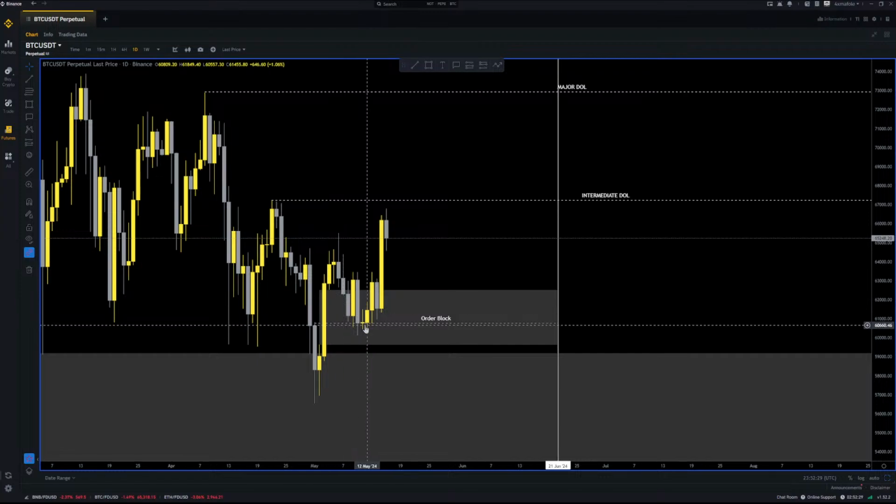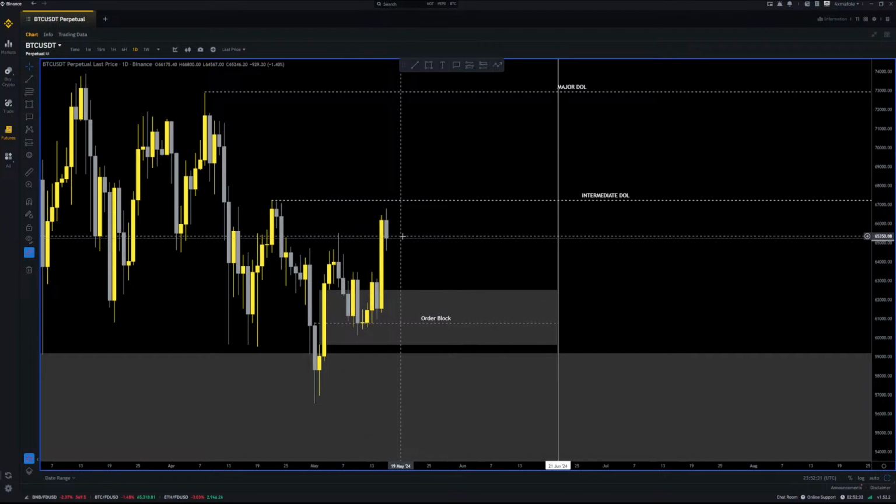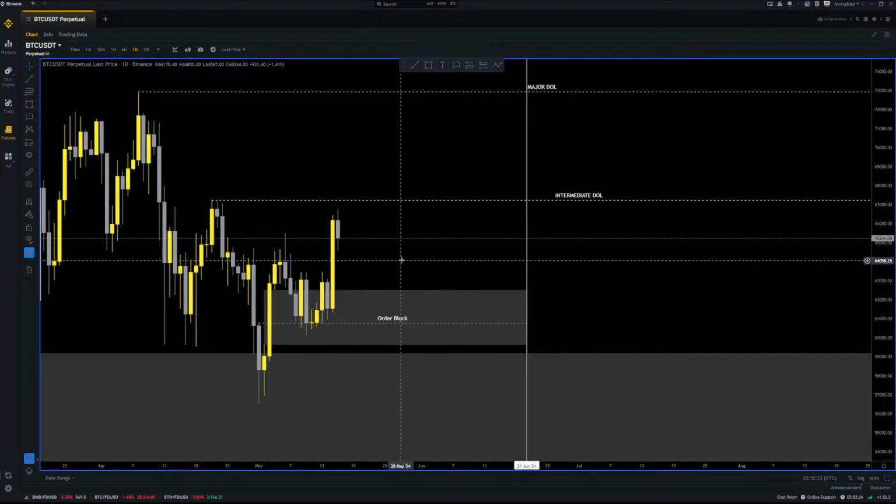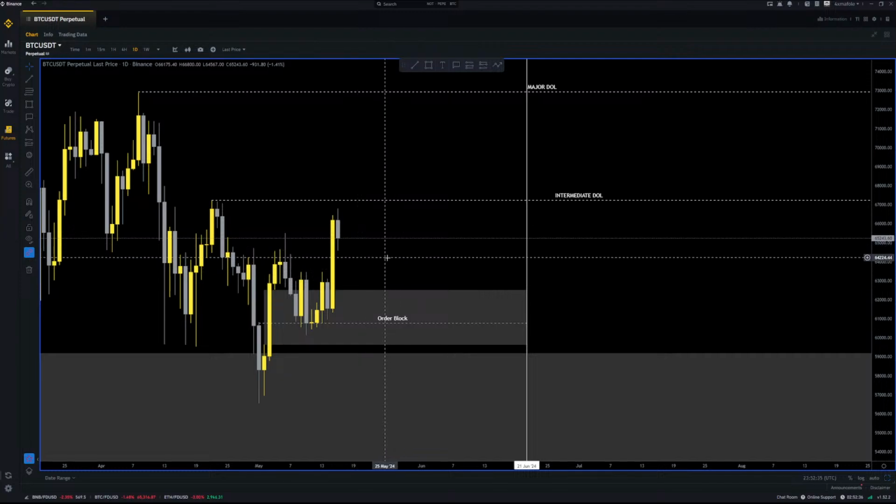So this makes us anticipate the price to be higher, but it doesn't mean we can be bullish every day.